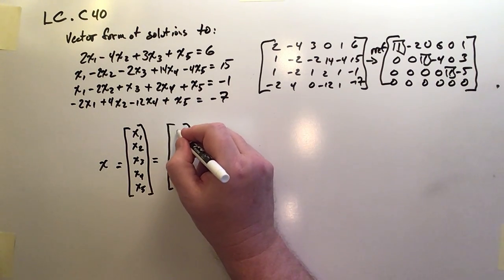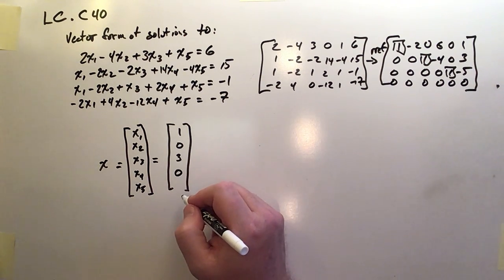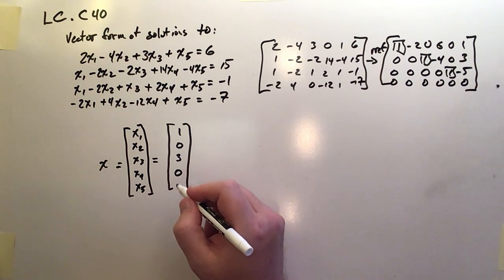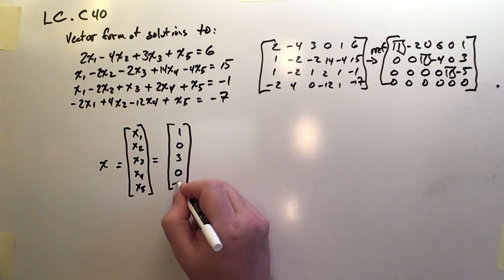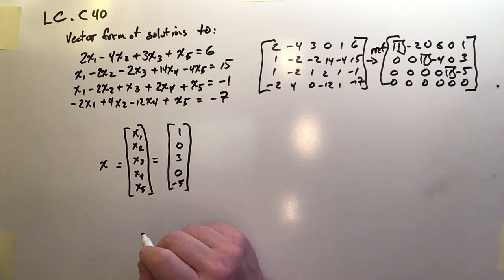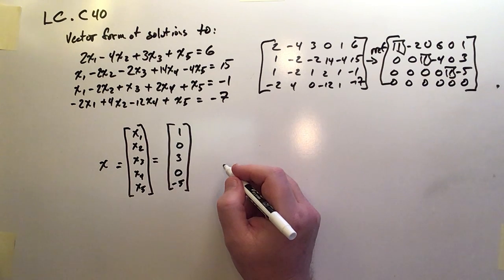And then we fill the remaining numbers in. So it's 1, 3, and -5. Now we can build the rest of the solution set.